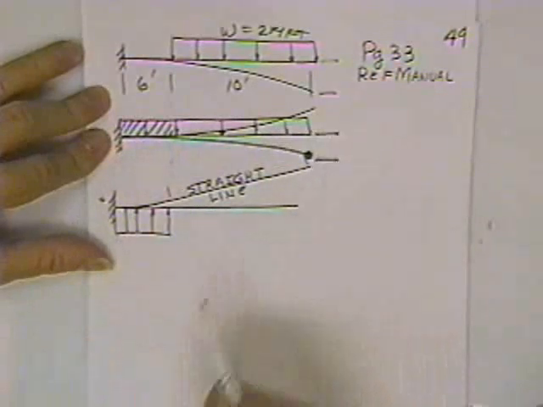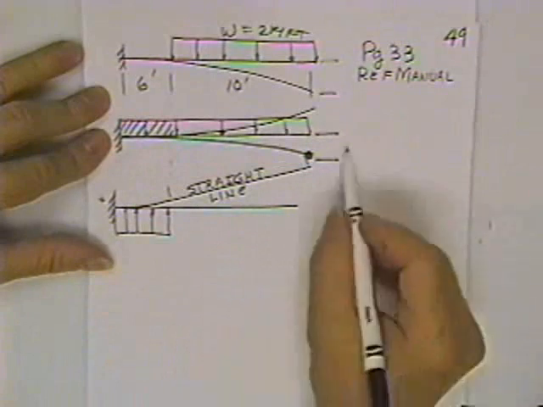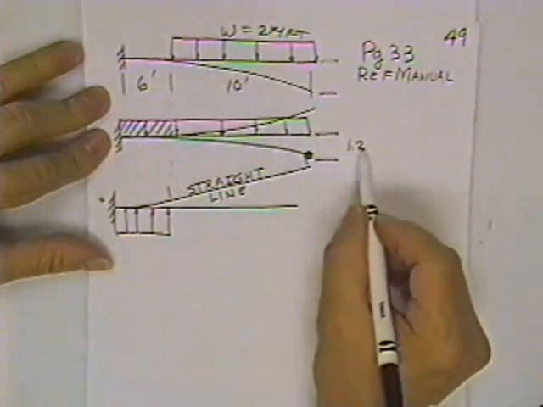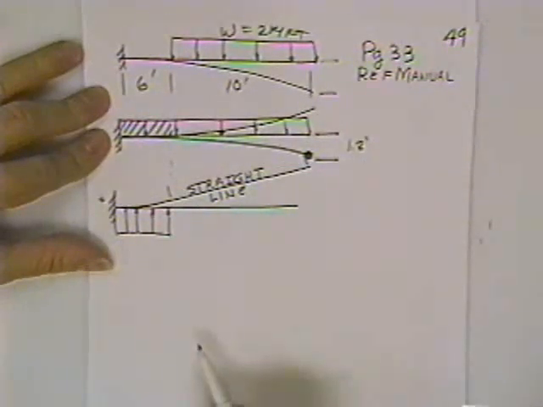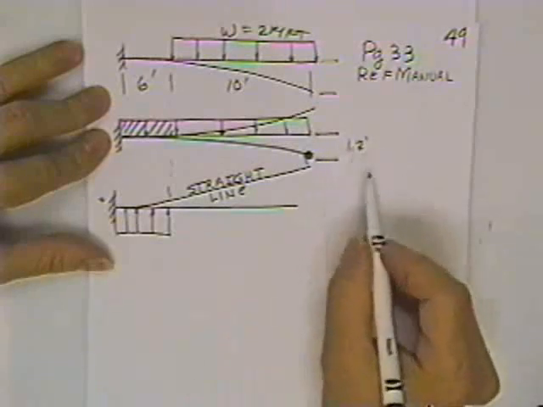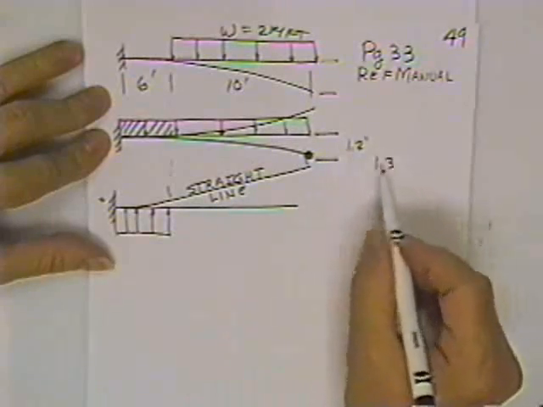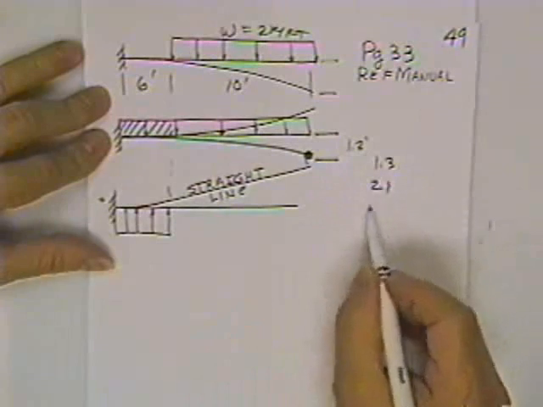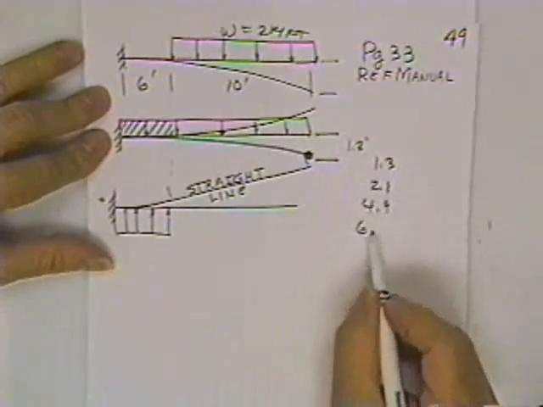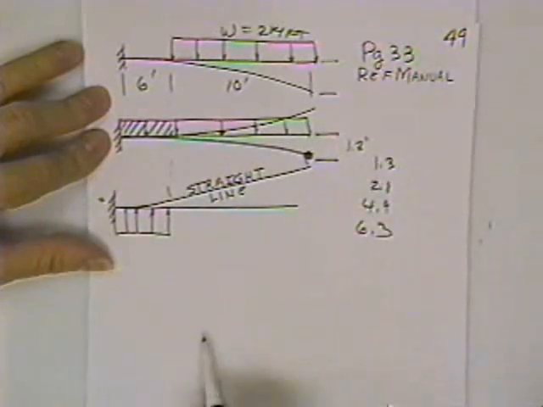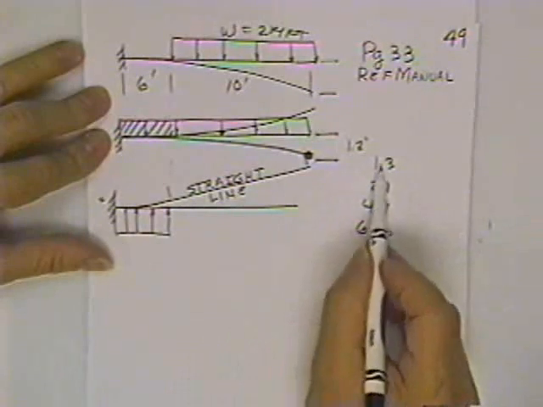And this isn't quite the right answer, but it's better than nothing. And if the answer came out 1.2 inches, and the possible answers on the quiz are 1.3 inches, 2.8 inches, 4.9 inches, and 6.3, well, then I'm pretty sure that this is the answer.